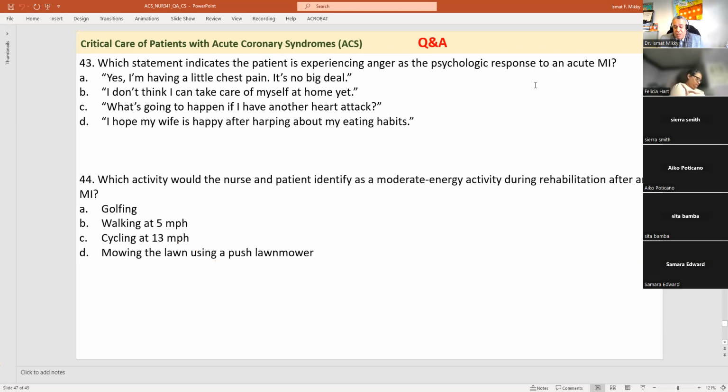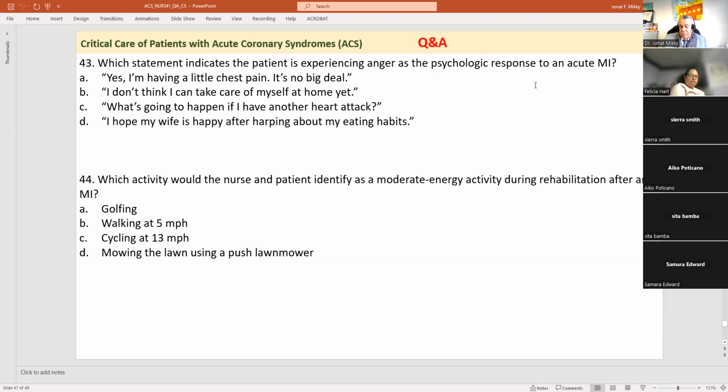Realistic acceptance is shown by actively engaging in changing the modifiable risk factors. The patient is actively taking actions to modify their risk factors. So the answer is D.